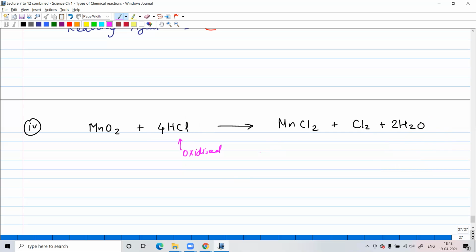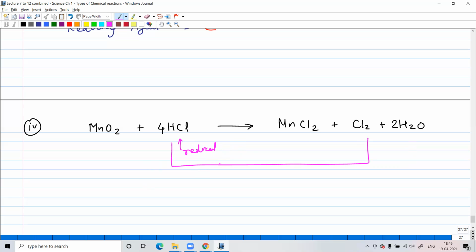Think more. Think a little harder. Remember all the definitions of oxidation and reduction. Hydrogen chloride is reduced, sir. Okay. So hydrogen chloride is reduced to what? To chlorine, sir.